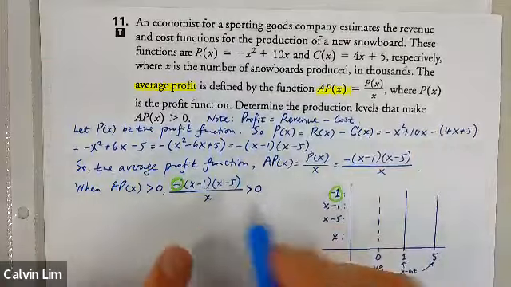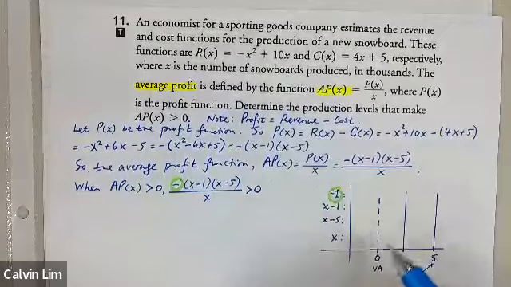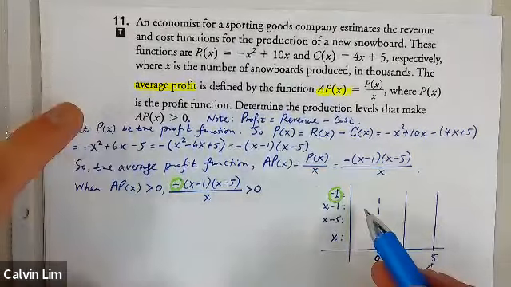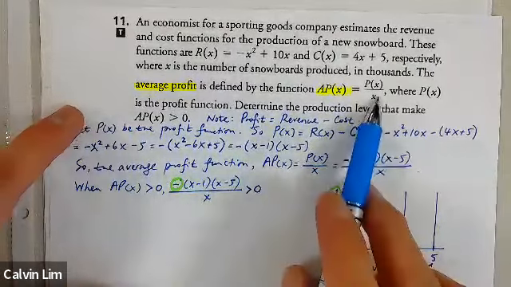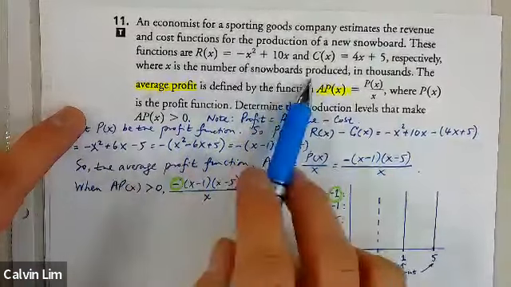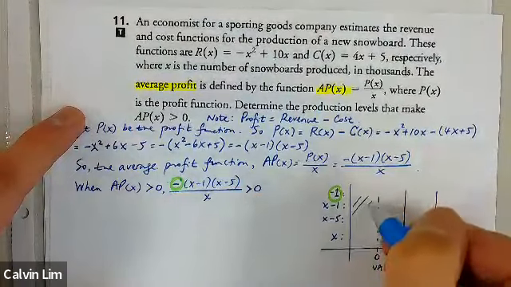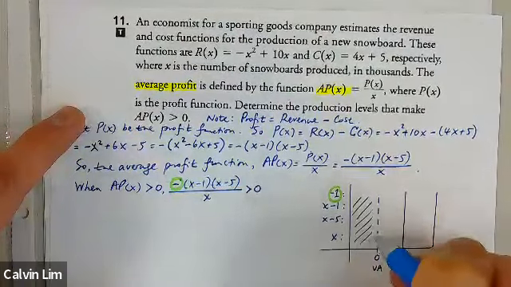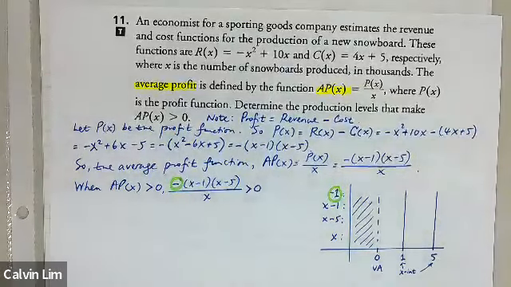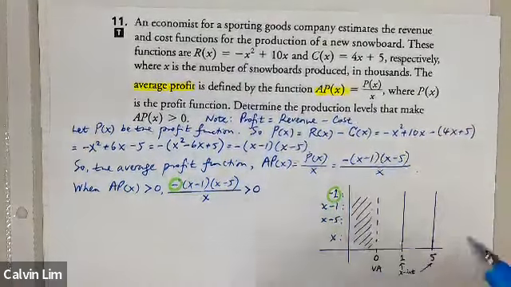Now, are we interested in negative values for x? No, right? Because what is x? X is the production volume, the number of snowboards produced, right? So x cannot be negative. You cannot produce a negative number of snowboards. So you can just cross the negative region out.